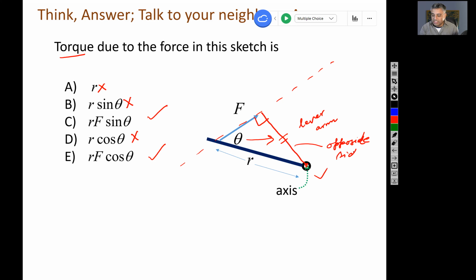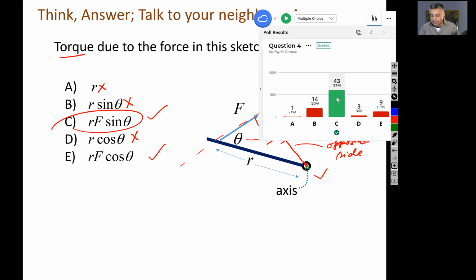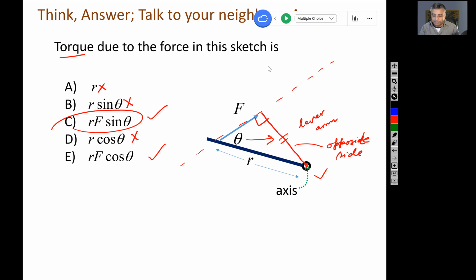It picks up sine. That means, yes, C is the correct answer then. So R sine theta is the lever arm. Lever arm times force is the torque. Okay, so that's why C is the correct answer this time.